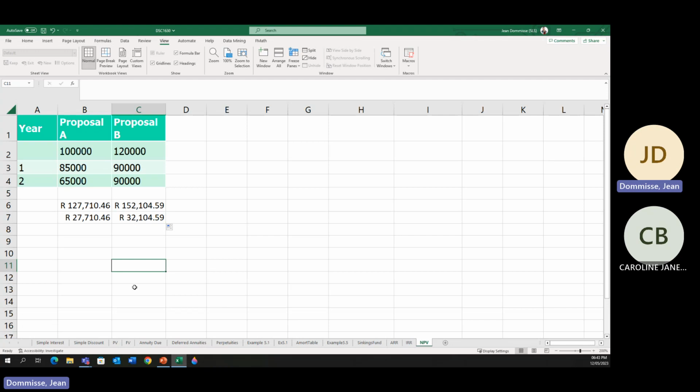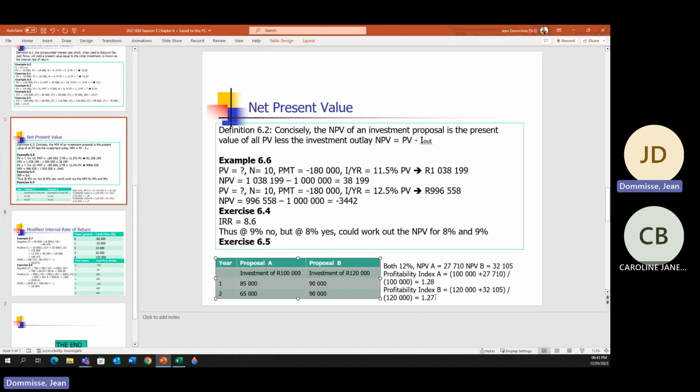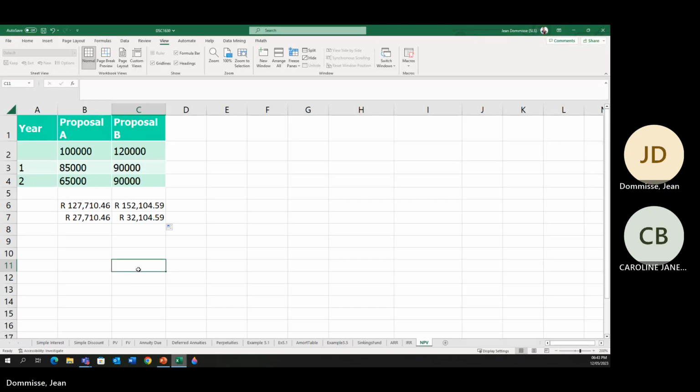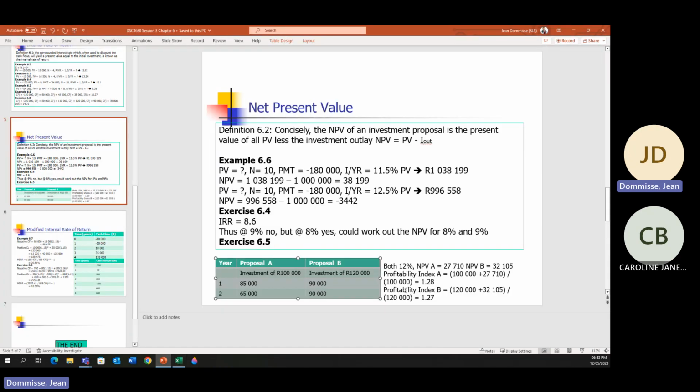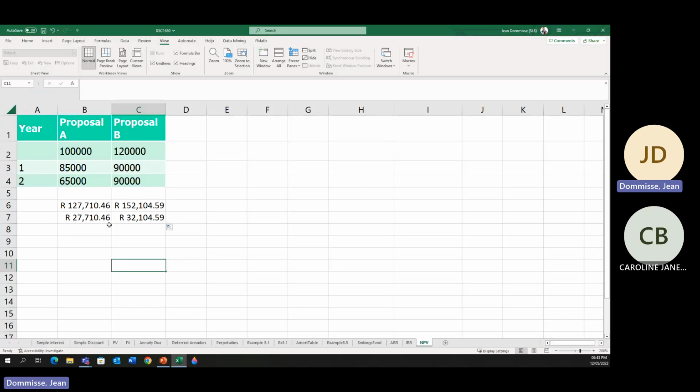So if it was purely on money, obviously proposal B will be the winner. But if you look at the profitability index, let's just see how the profitability index is worked out. So it's the beginning plus the extra, divided by the beginning.